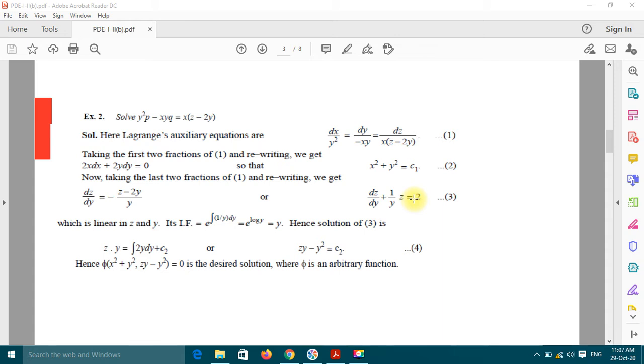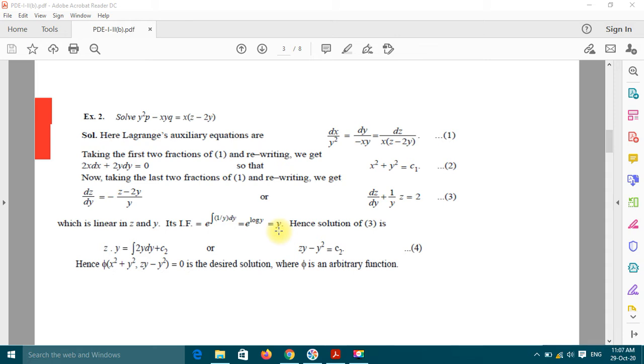So we find the solution of this equation 3 by finding the integrating factor. The integrating factor is e to the power integral p dy, so 1 by y dy. So the integral of 1 by y becomes log y, so e to the power log y means simply y.